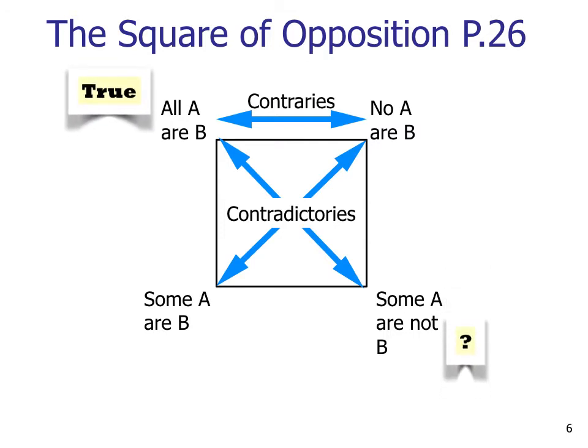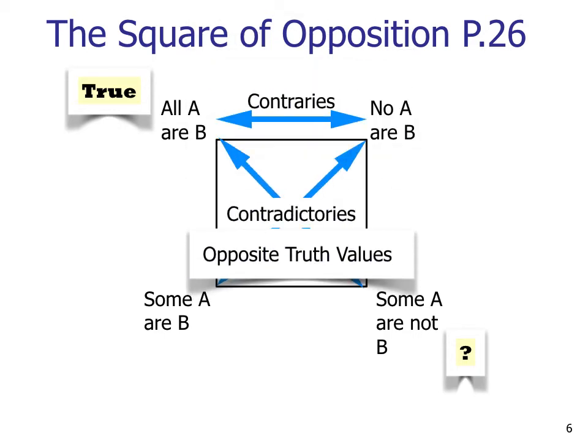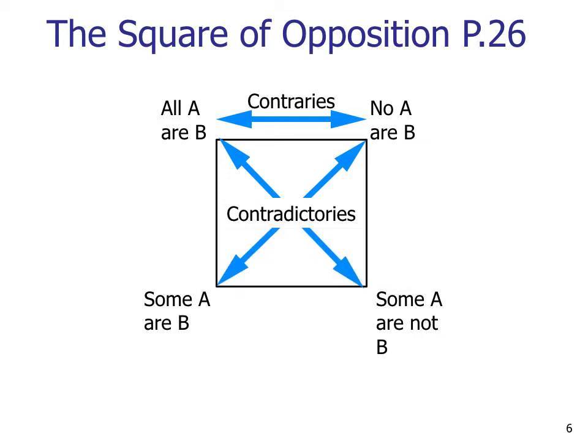If all A are B is true, then some A are not B is? Well, these are contradictories, so they have opposite truth values. So some A are not B is going to be false. Let's try another one. If no A are B is true, then some A are B?